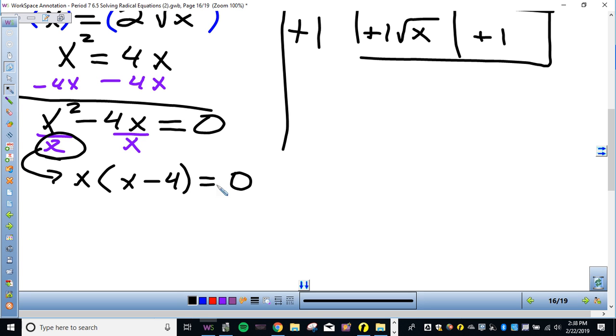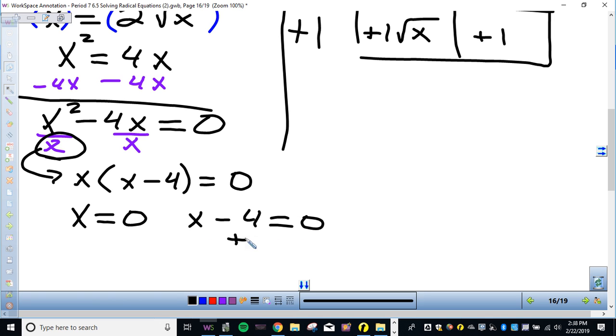Again, we had x squared right here, so you know you're going to have two answers. The two answers are x equals 0. And then you also set x minus 4 equal to 0. Add the 4 to both sides. X equals 4. Okay?